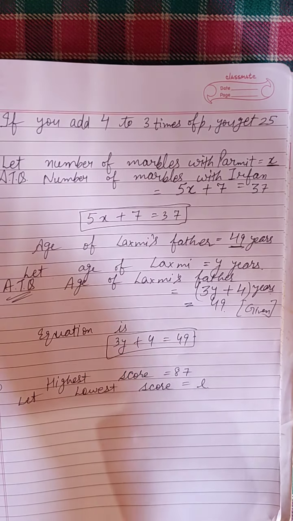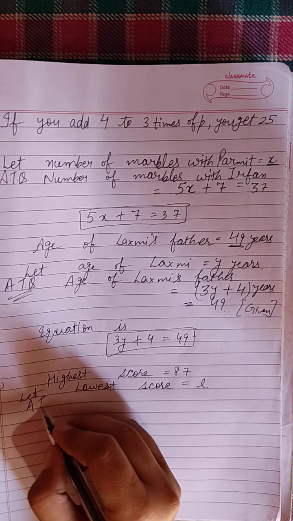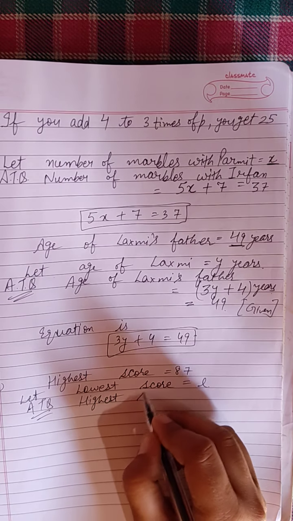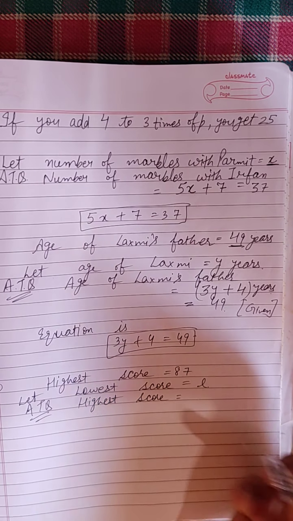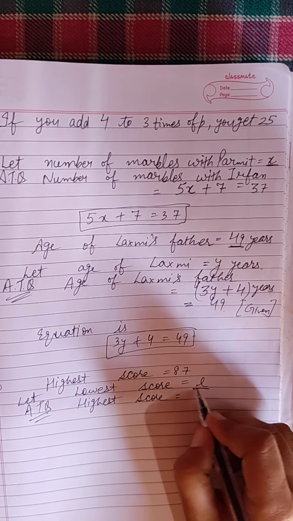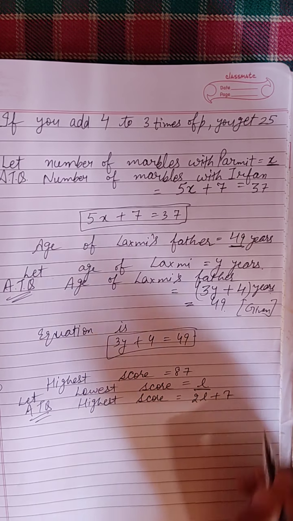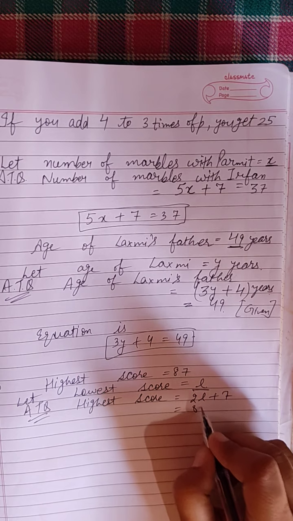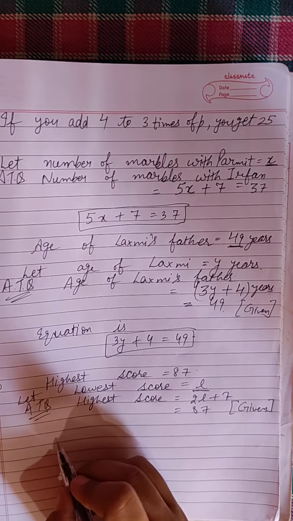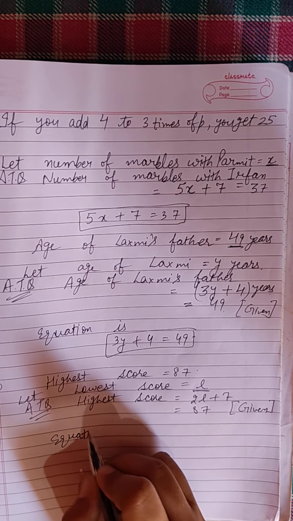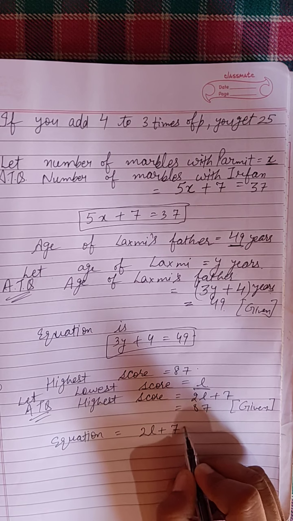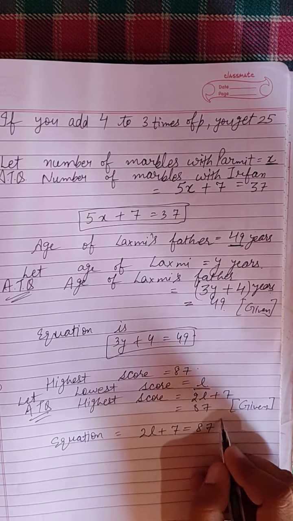Then according to the question, the highest score is equal to twice the lowest marks plus 7, means twice of this plus 7. This is equal to 87 as already given. So our equation is 2L plus 7 is equal to 87.